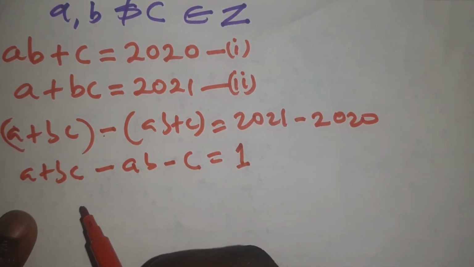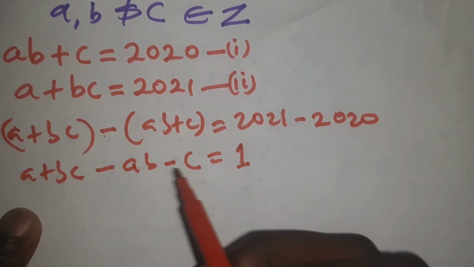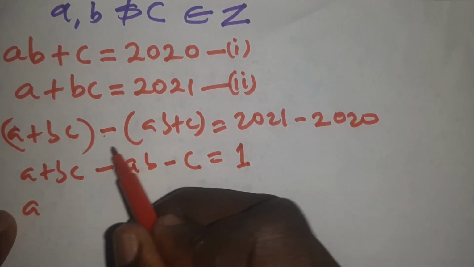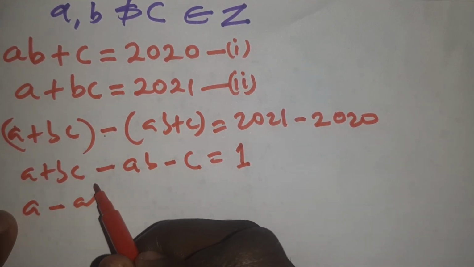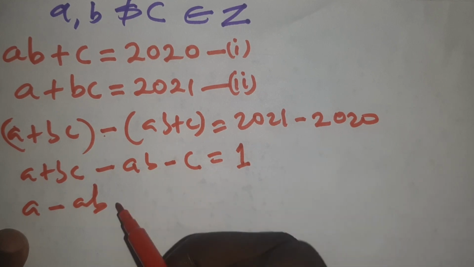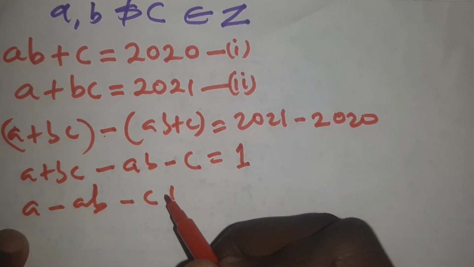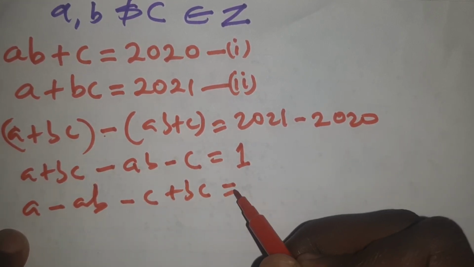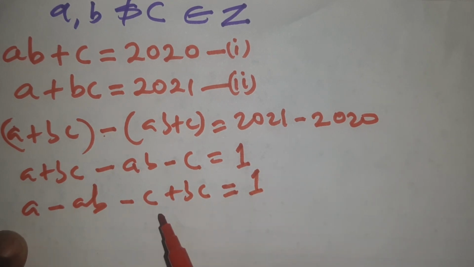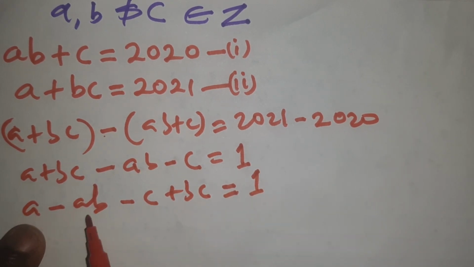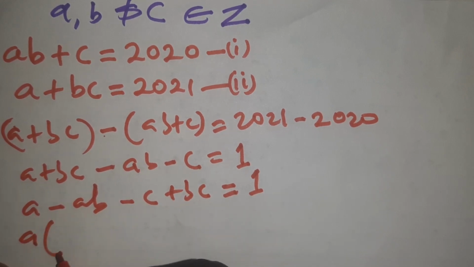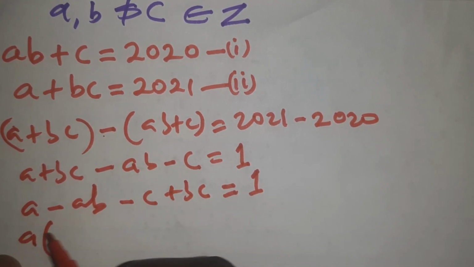Then rearranging, because we're going to factorize here. We have A minus AB minus C plus BC equals 1. Then factorizing, what's the HCF of A and AB? Just A. Open your bracket: A cancels A, you have 1 remaining.